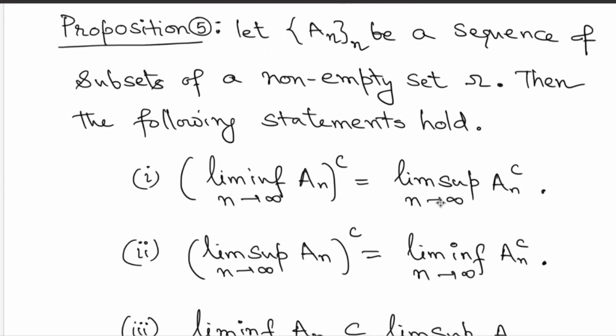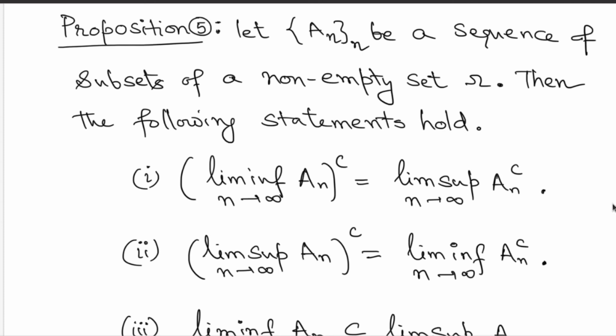Now there are some interesting properties that connect limit inferior and limit superior. They are given in this proposition. Again, these are some of the operations using the usual set operations, and you can easily check them. So if you look at limit inferior and look at the whole complement, that can be written as the limit superior of the complements of the sets.